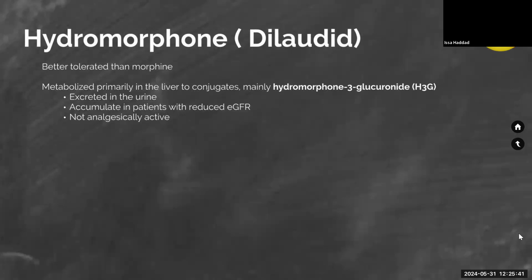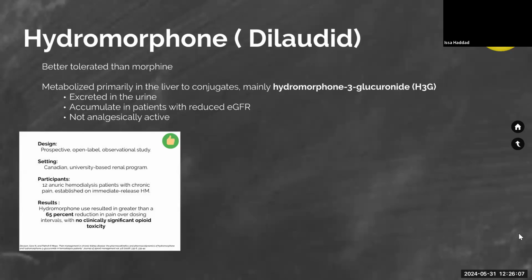And it's actually metabolized primarily in the liver to conjugates. And the main metabolite, as we said, we care about the metabolites a lot, is H3G. This metabolite is not analgesically active, unlike the metabolites of morphine. It is excreted in the urine, and it accumulates in patients with reduced eGFR.